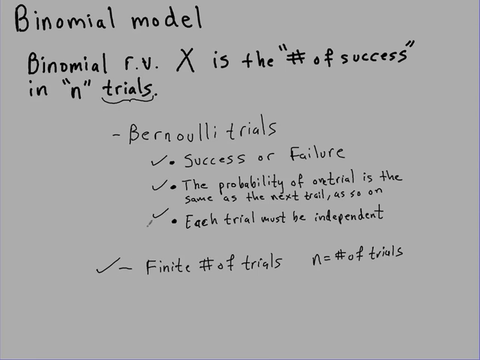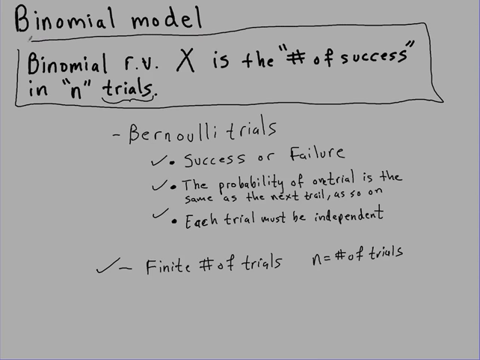Once you start seeing problems, you'll get comfortable at knowing which is what. But it's very important that you really understand this definition right there: the number of successes out of n trials.